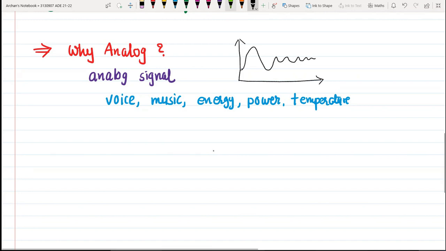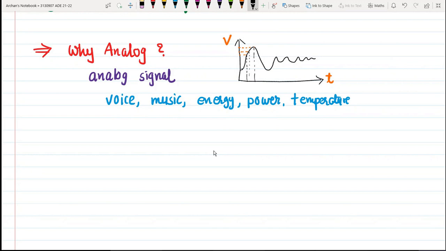So this is the magnitude of the signal, okay? You can see as the time varies, the magnitude of this particular signal is different. For time t1 it is different, time t2 it is also different, then at time t3 it is different, okay?